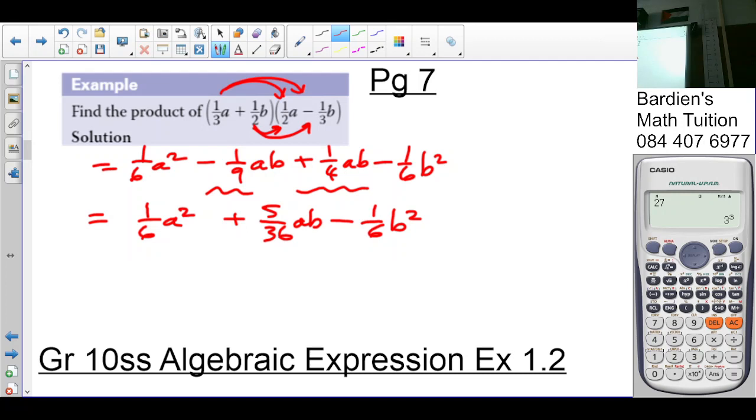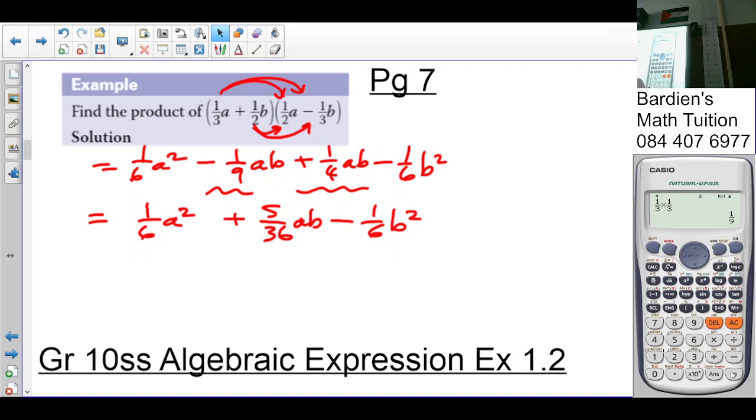Now say for argument's sake you are a learner who struggles with fractions, you can then just enter it in the calculator. A third multiplied by a half gives us 1 over 6. A third multiplied by negative a third gives us negative 1 over 9.